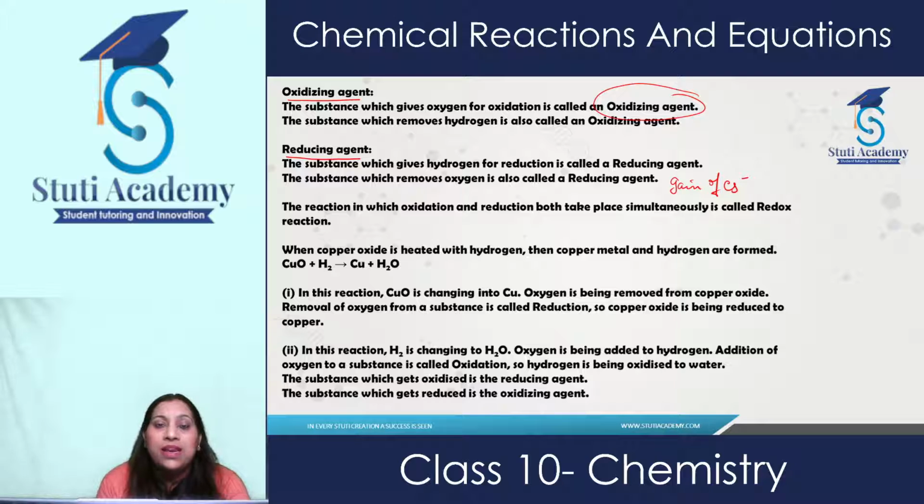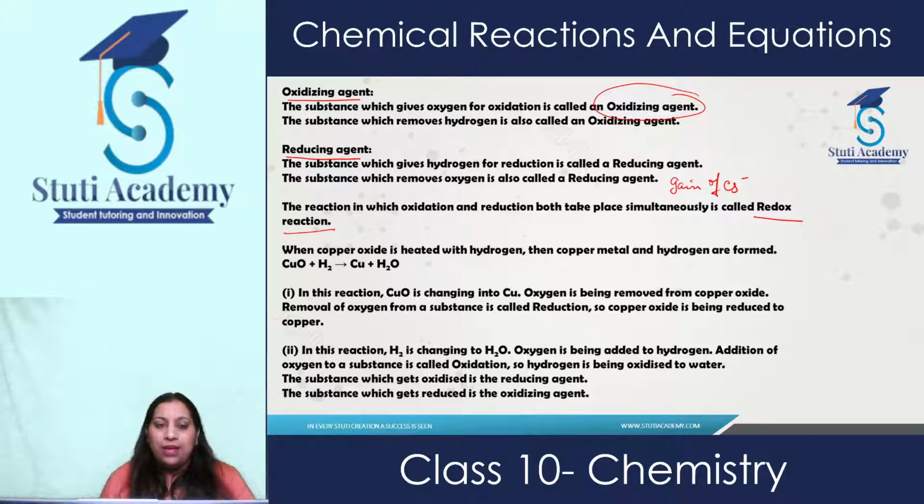What does it mean? It means when both reactions are taking place together, what do we call that kind of reaction? Yes, this kind of reaction is known as redox reaction. So redox reaction is that reaction in which oxidation and reduction reactions take place together.